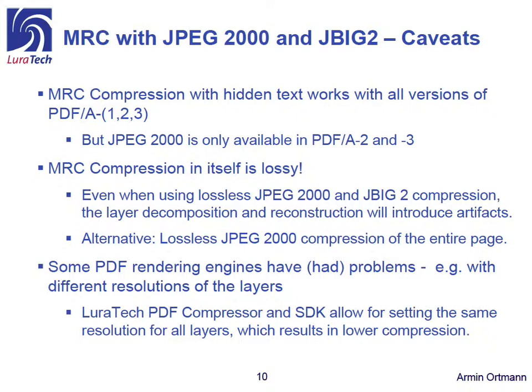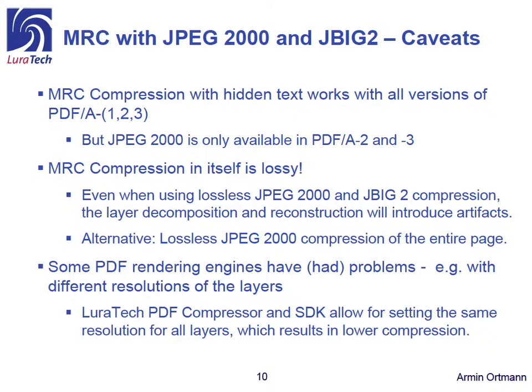So you would not call it lossless even if the layers in themselves would all be compressed in a lossless fashion. Actually, if you really want lossless compression, what we would recommend is doing a JPEG2000 compression of an entire page. It works okay for character content. It works, of course, fine for images or for page backgrounds. And of course, it's not as efficient in terms of compression as the MRC compression.